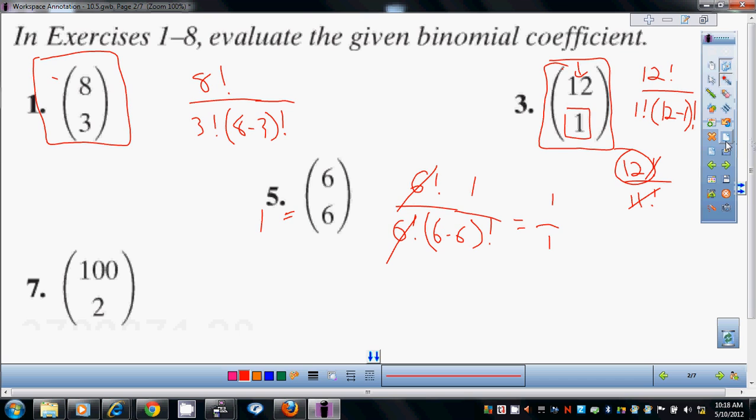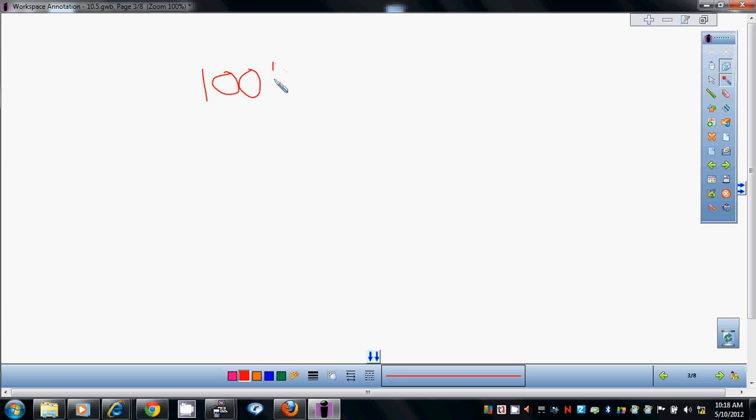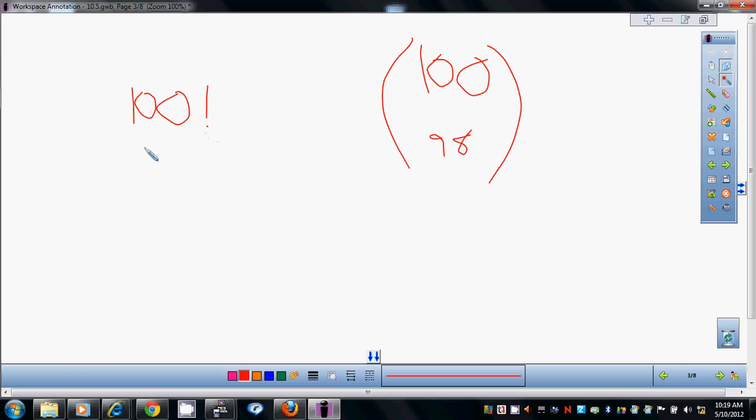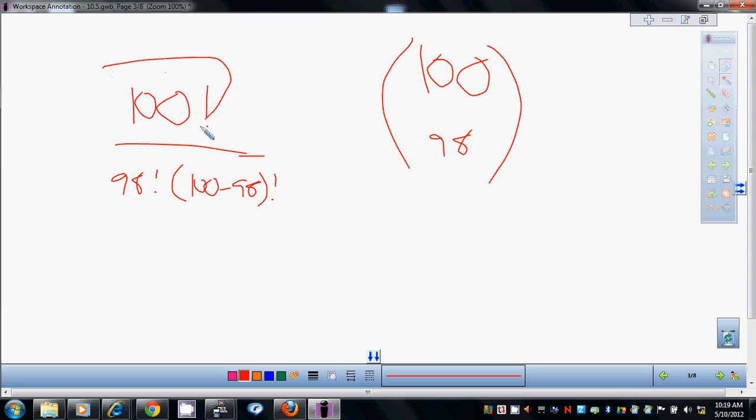You are going to have one later that looks like this, and you can't punch this into your calculator. Your calculator will say overload because 100 factorial is way too much for it to calculate. But I would encourage you, when you get to this problem, to use logic. If I just work with this portion, what does that reduce to? It'd be 100 times 99.